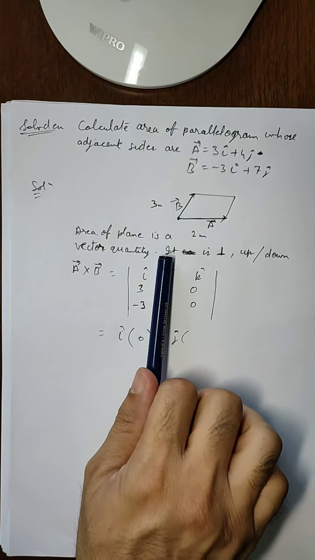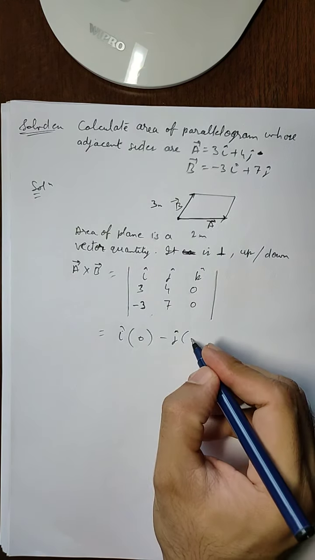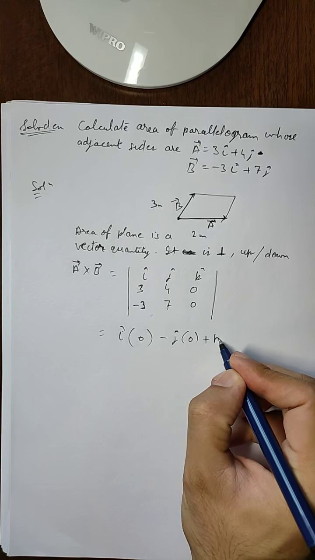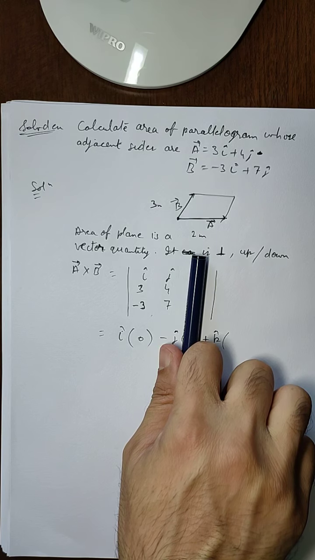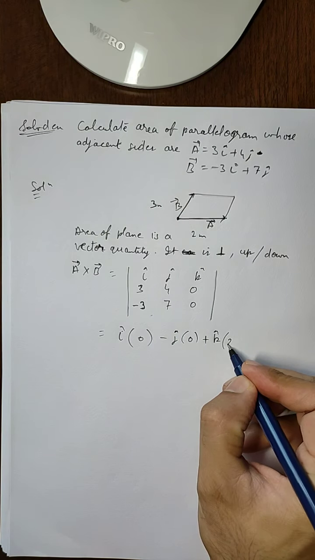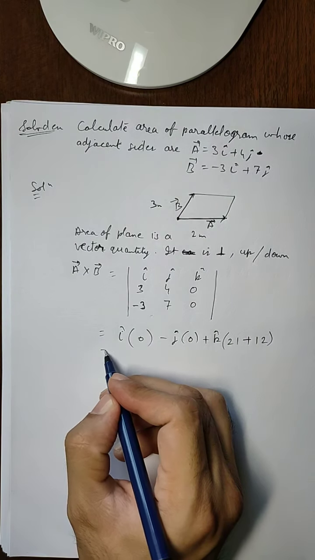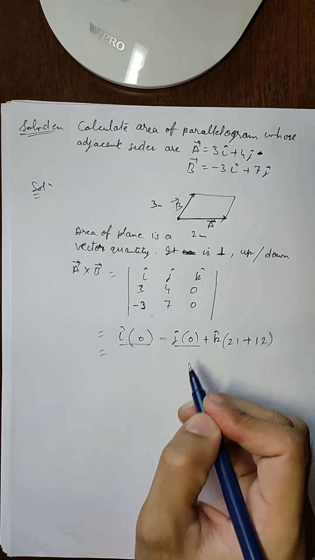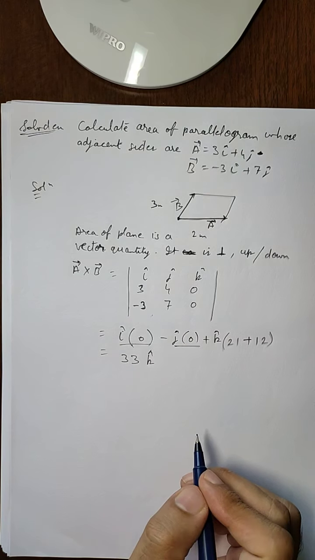Minus j cap, 3 into 0 minus of minus 3 into 0, again 0. Plus k cap, 3 into 7 minus of minus 3 into 4, so it will be equal to 21 plus 12. So these two terms are 0 and what is left is 33 k cap.